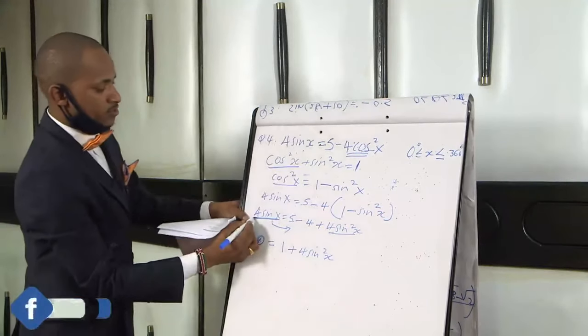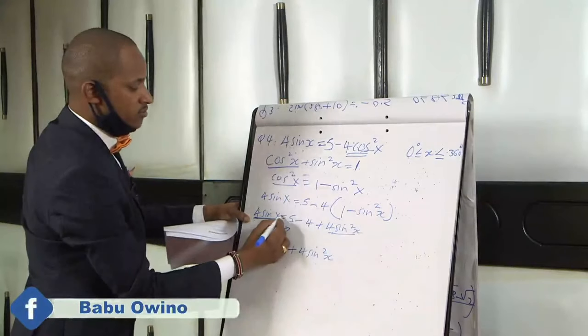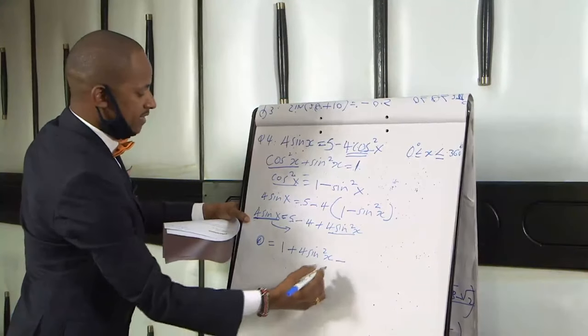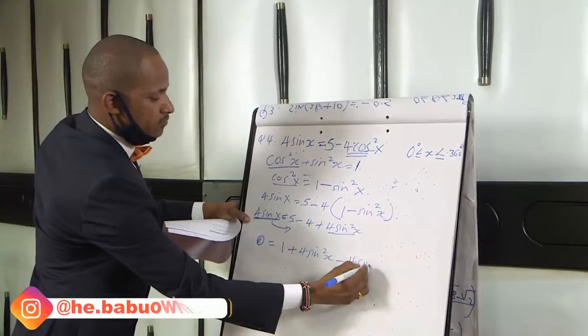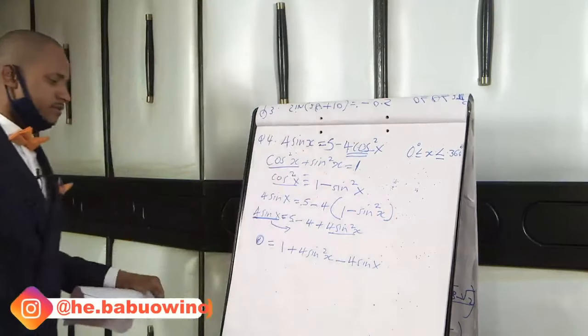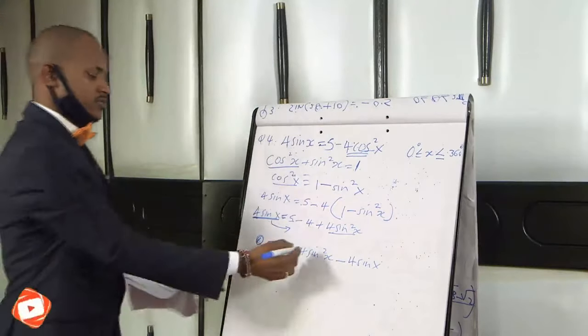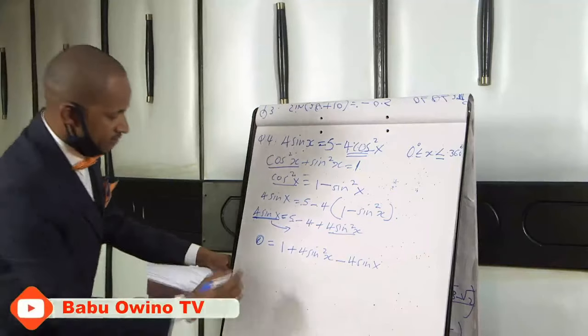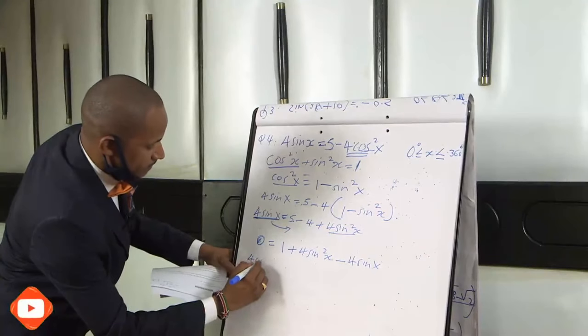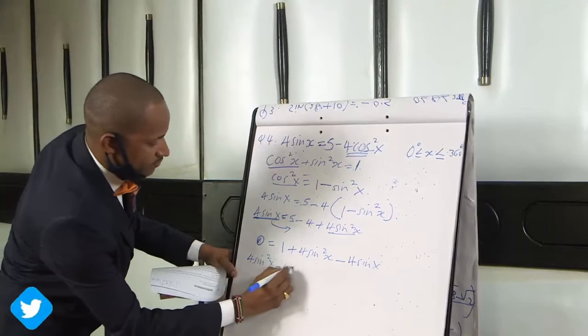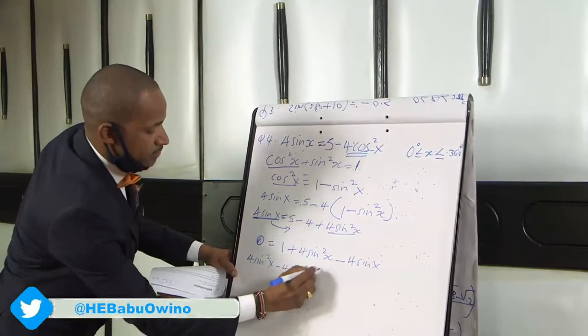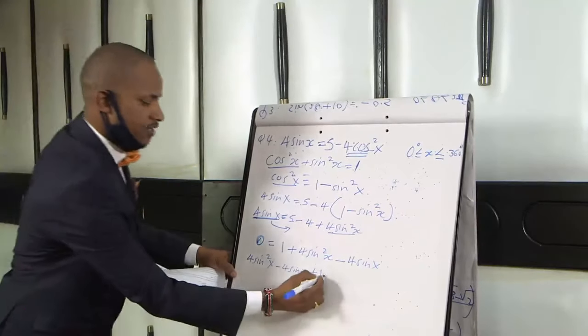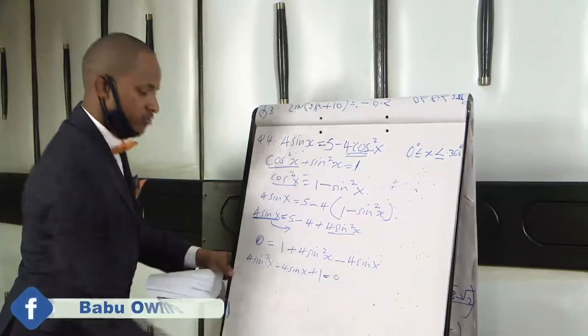Then remember we've brought this to the other side, so when it crosses the equal sign, it becomes a negative 4 sine x. So when we rearrange this mathematically, just to make it look neat, you say 4 sine squared x minus 4 sine x plus 1 equals 0.